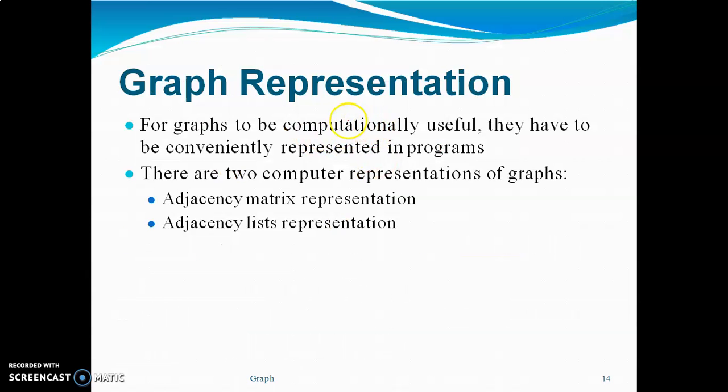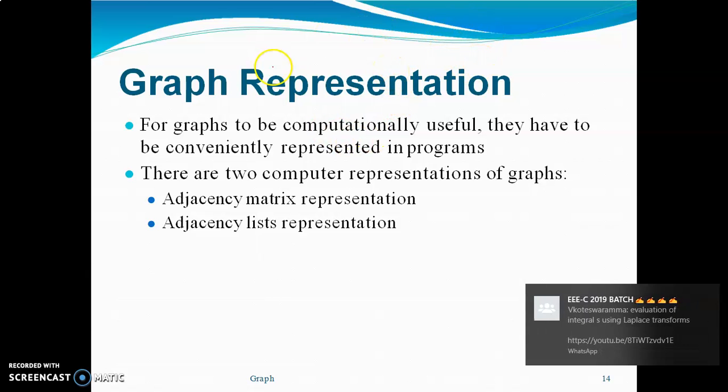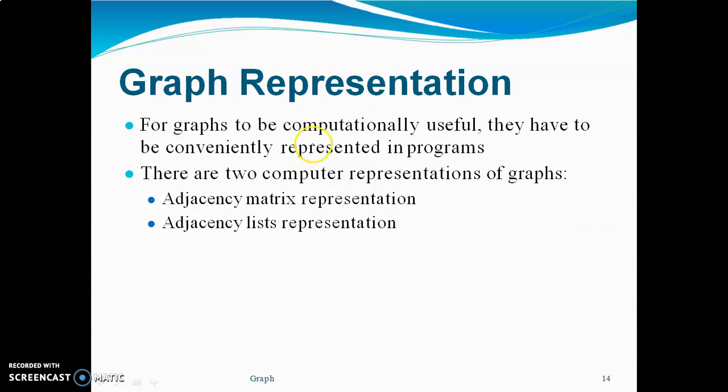Next, graph representation. Whenever we want to store graphs in our programs, we need to have a representation of the graphs. Then only we can store these graphs in our programs. For that, programming languages use two types of graph representations: the adjacency matrix representation and the adjacency list representation.